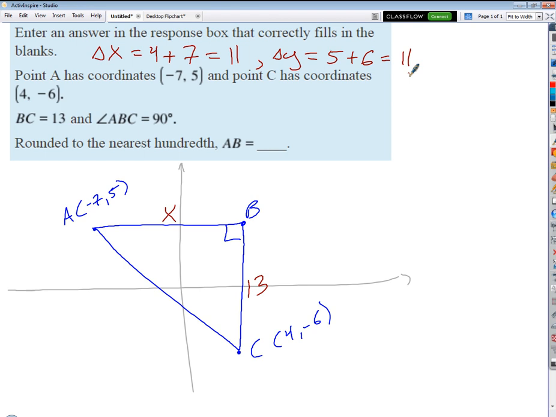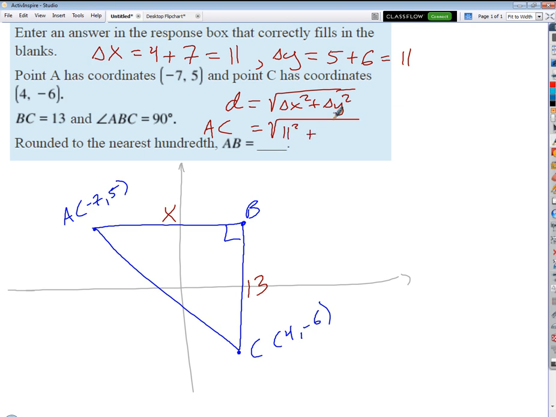Okay, so then we can use the distance formula. It tells us that D equals the square root of delta X squared plus delta Y squared. That's our easy formula, right? So for AC, we could just plug in what we know. AC is going to equal the square root of what squared? Delta X? 11, yeah.